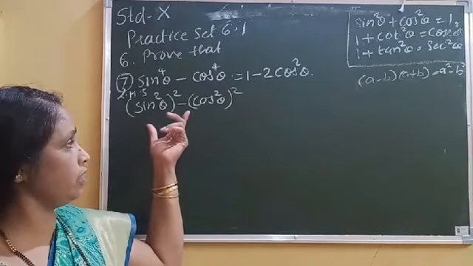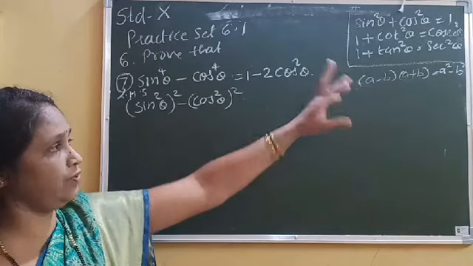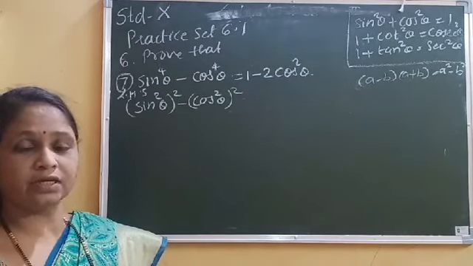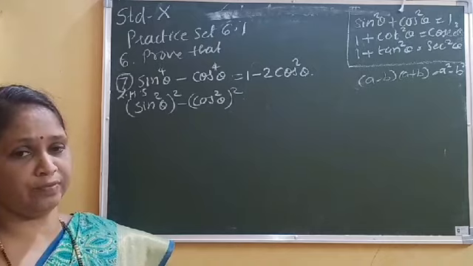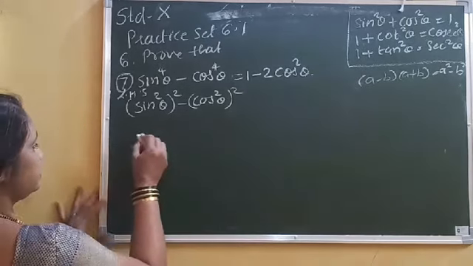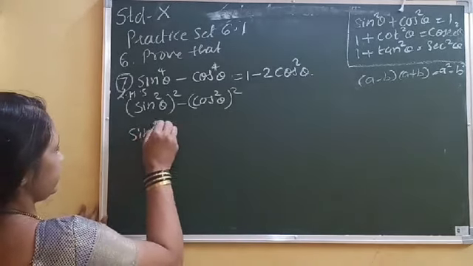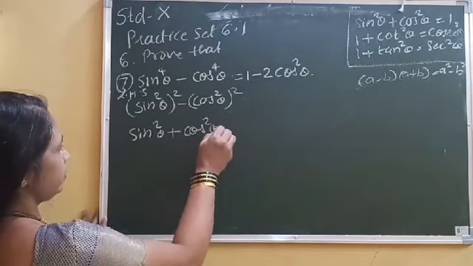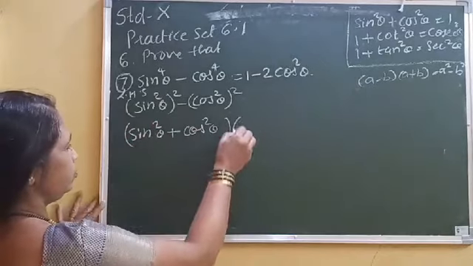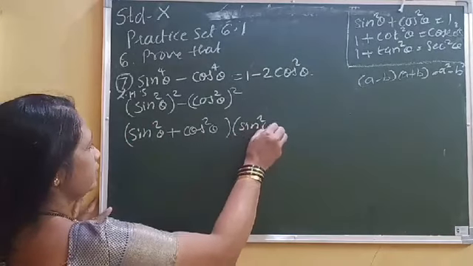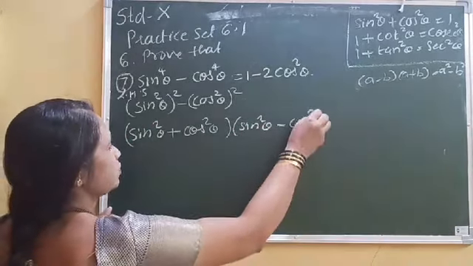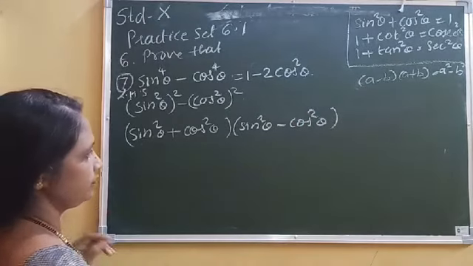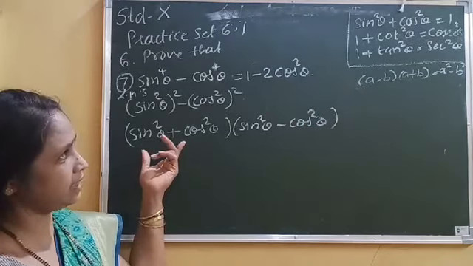So in this we have got a square minus b square. Now we know a square minus b square is a plus b into a minus b. So we will write this in the same manner, means sin square theta plus cos square theta into sin square theta minus cos square theta.